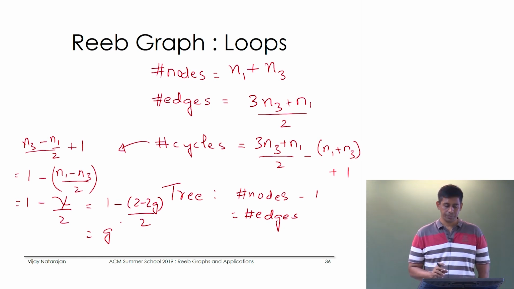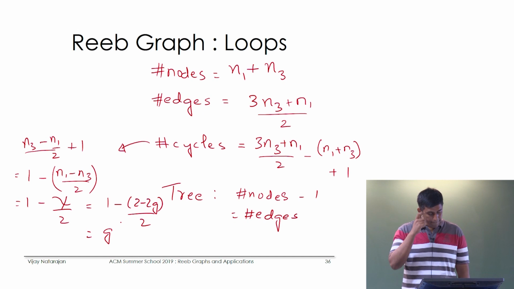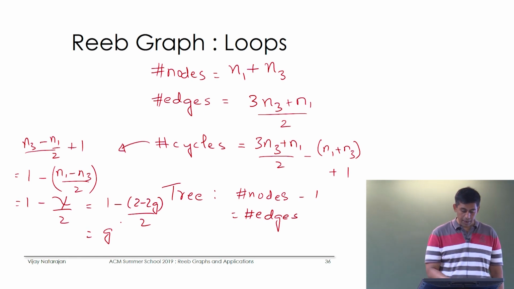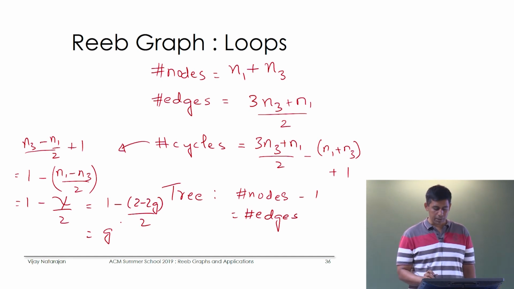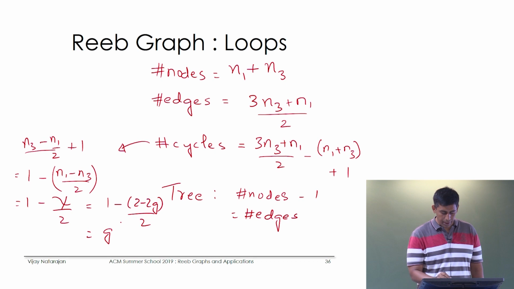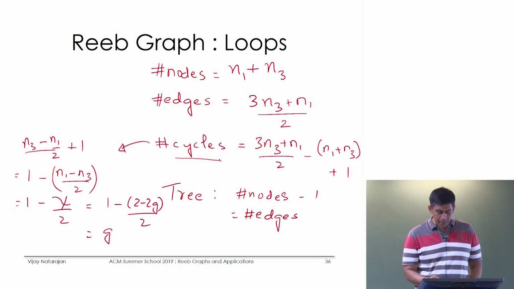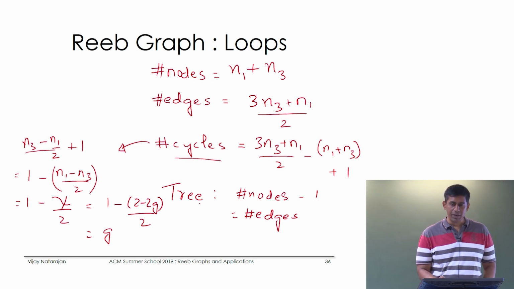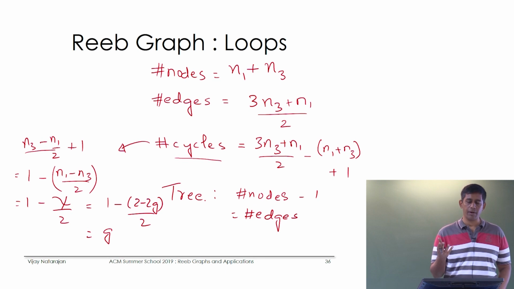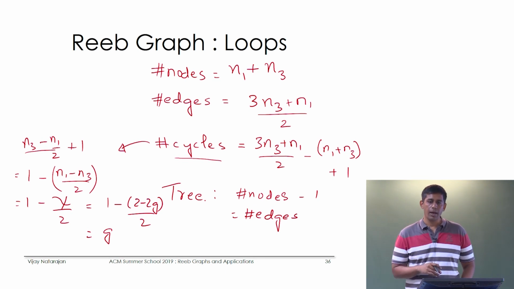So what we have is that the number of cycles is equal to the genus. The only crucial argument here was about the number of cycles. If I have a tree with, let us say, 4 nodes, I know that it has 3 edges.